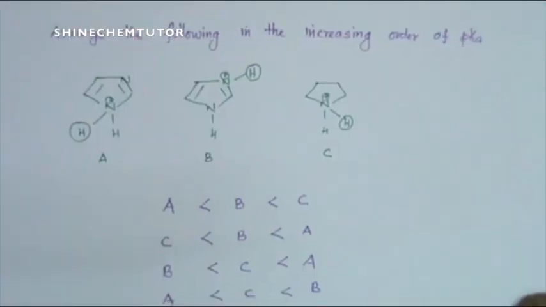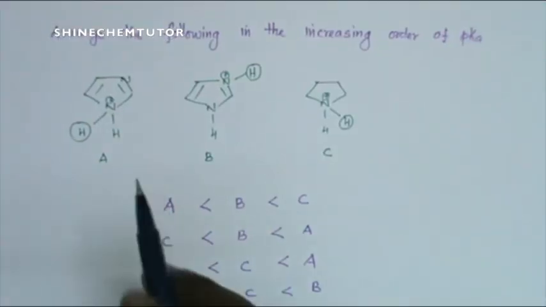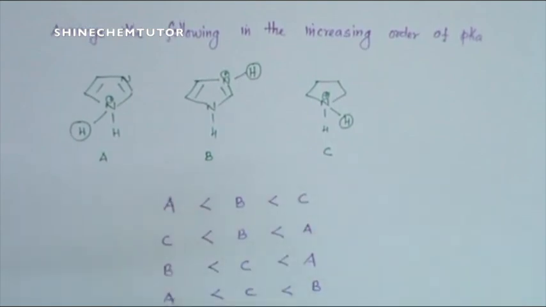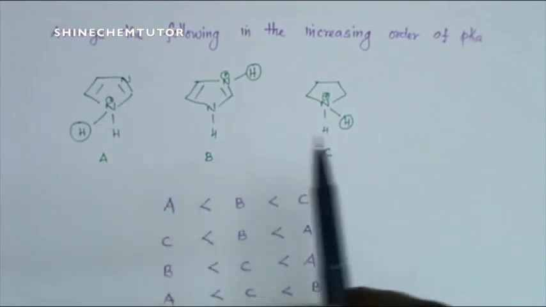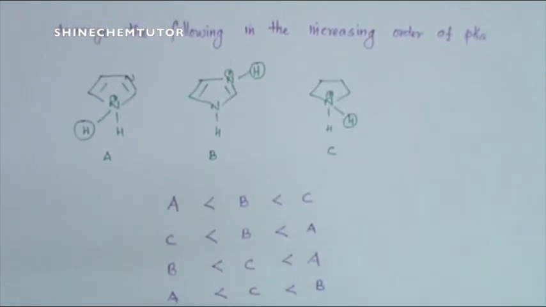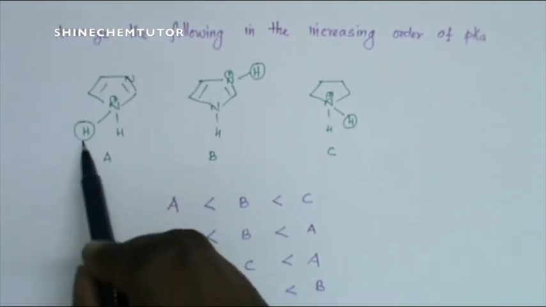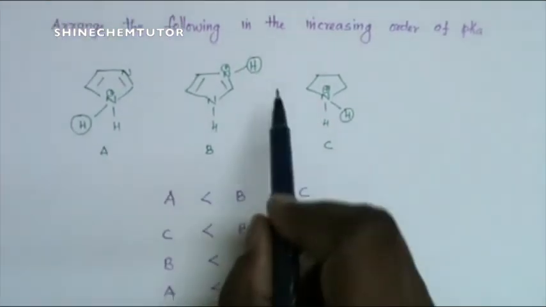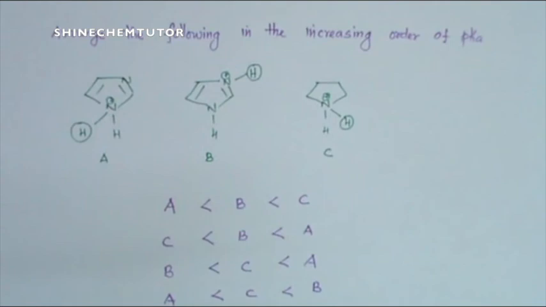This problem is based on conjugate acid. Here I have given 3 compounds. All are protonated species. Arrange the following in the increasing order of the pKa. I have highlighted the nitrogens also. Which one will have higher acidity or which one will have higher pKa?